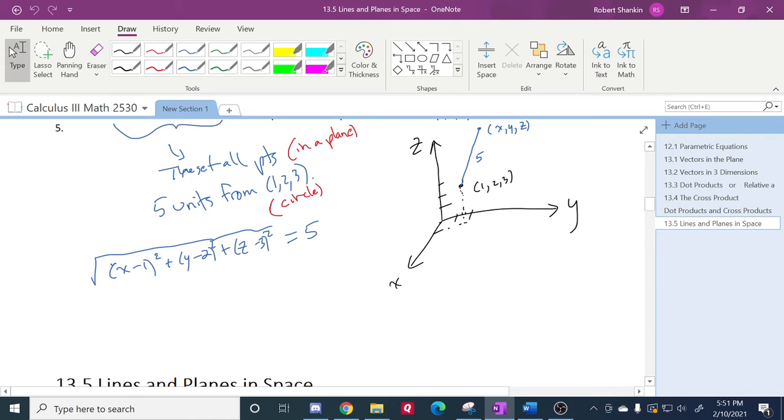And questions? Questions on homework or anything? This is Rowan. I have a question kind of about cross products and determinants.